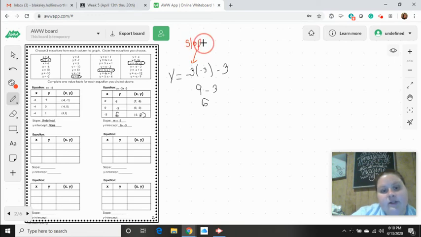Our y-intercept is after that equation, so after the x, and that's our y-intercept. Okay, so slope is 3, our y-intercept is negative 3 there.